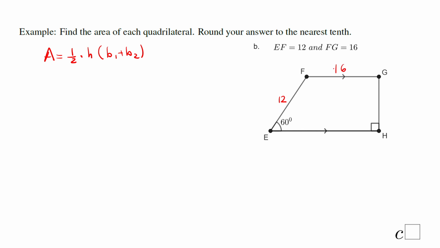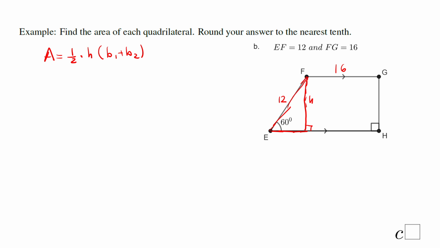So we have one of the bases, the small base. The question is, can I find the large base and the height? The answer is yes. Look here, very similar to the other one. I'm going to draw this segment, which is perpendicular on EH. This is the height. And now again we're looking at this triangle formed, very similar to the other problem.